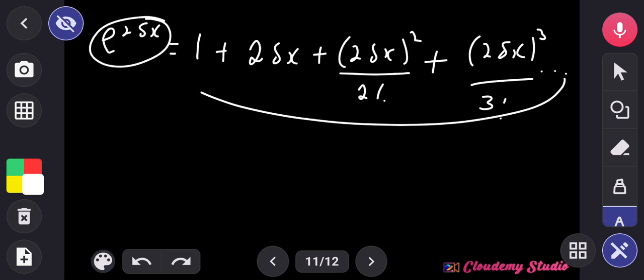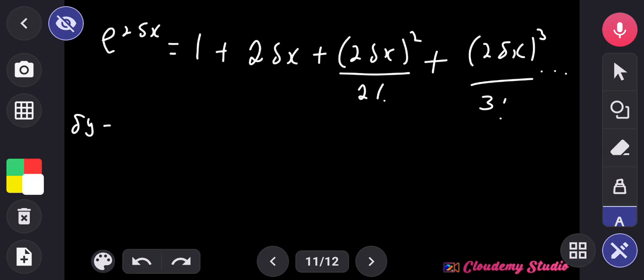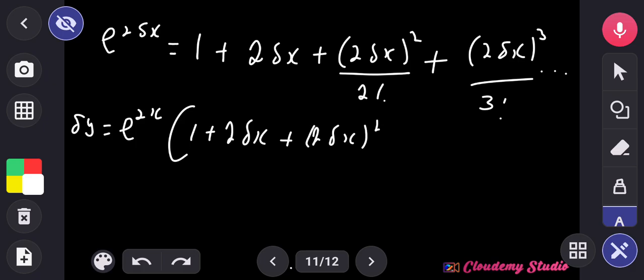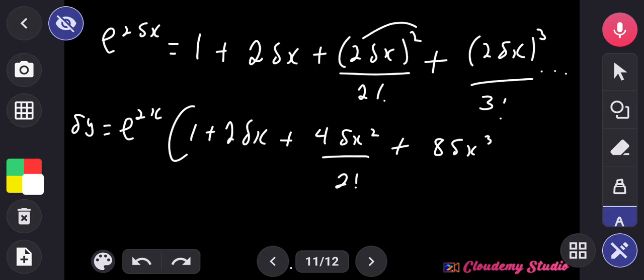So it's going to be our dy equals exponential 2x into bracket 1 plus 2x plus, or let me say, 4x squared, because 2 raised to power 2 equals 4, upon 2 factorial plus 8x cubed upon 3 factorial, and so on till infinity, minus 1, because of the minus 1 that is here.